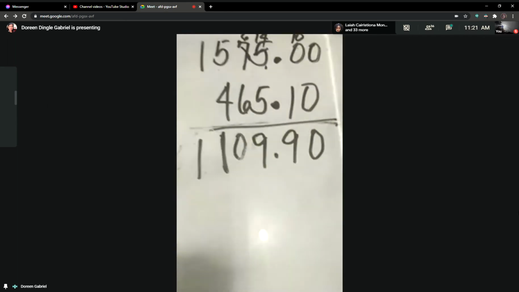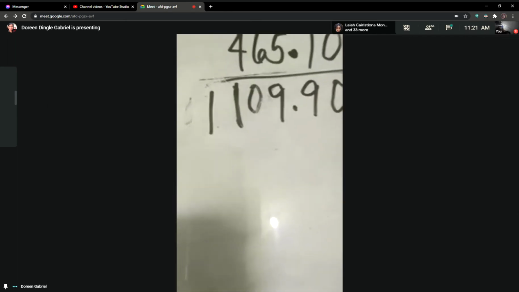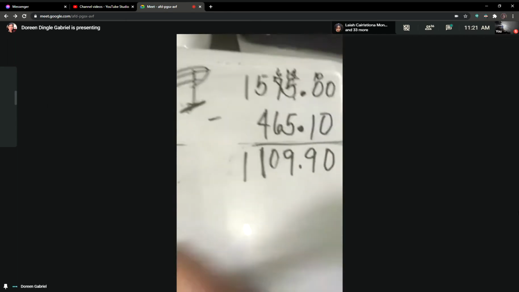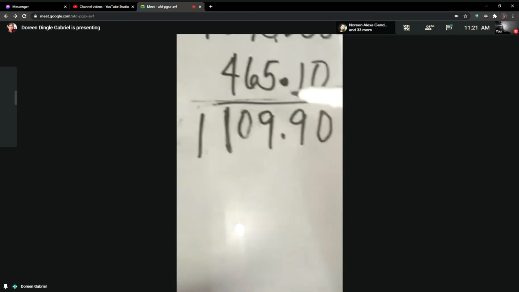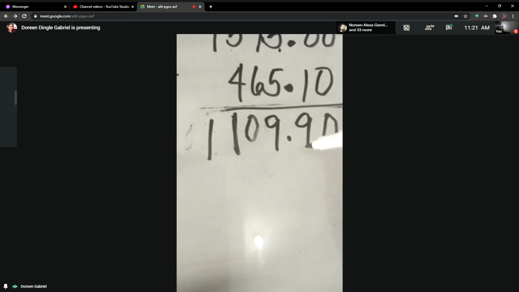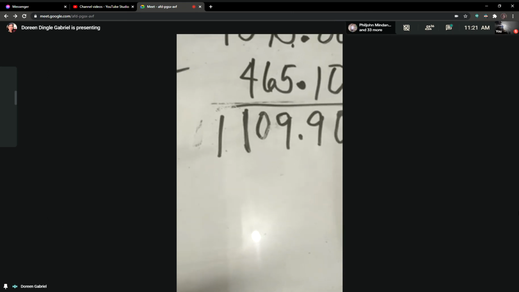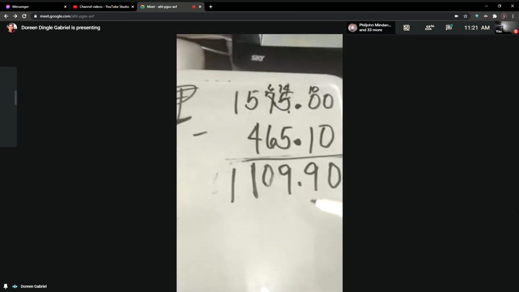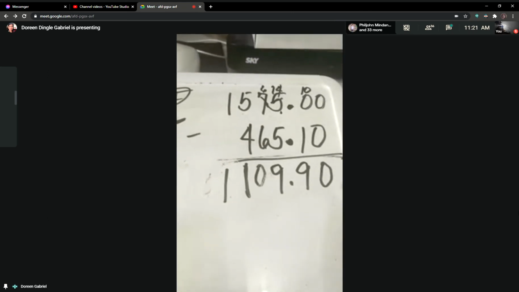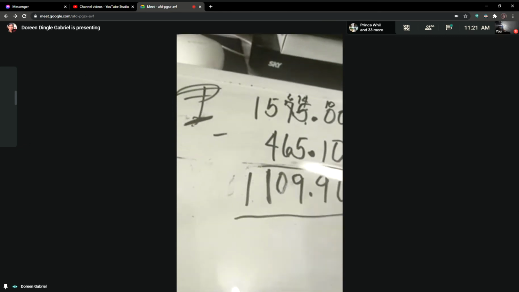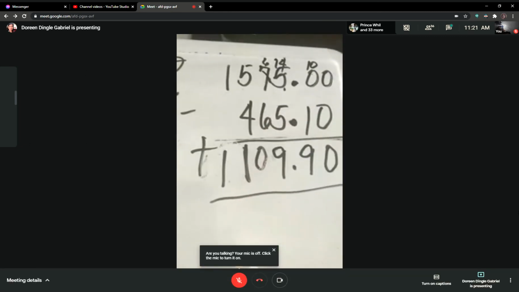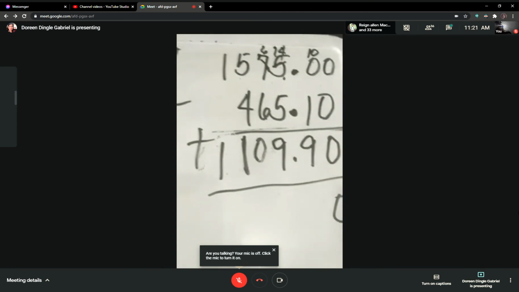So, how will you know that your answer is correct? Siyempre, you are going to check by means of adding the subtrahend and the difference. Tingnan natin if the total is 1,575. Let us check. I-add natin to. Shortcut. So, 0 plus 0 is 0.